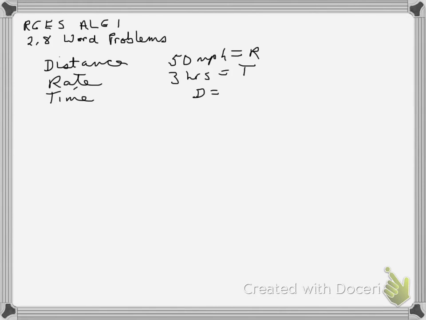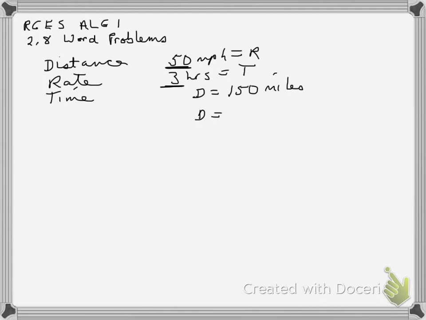And most of you would know that right off the top of your head. You would say, well, that's easy. That's 150 miles. But when I ask you to write me an equation, you might be stumped. So the question is, what did you do? Look at these numbers, 50 and 3. What did I do to those two numbers to get 150? You multiplied them.